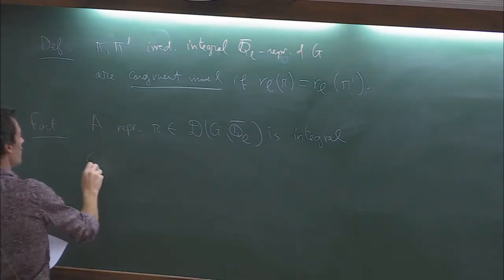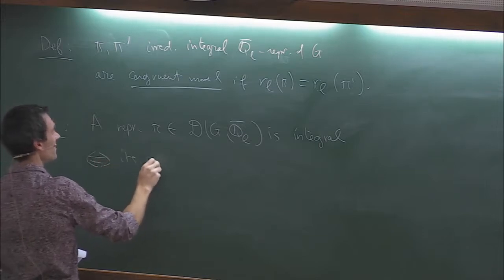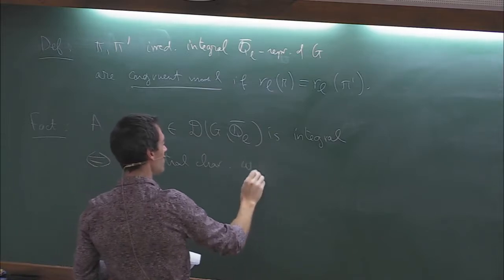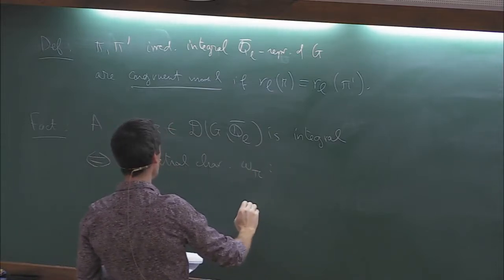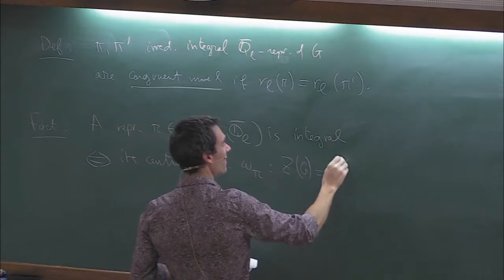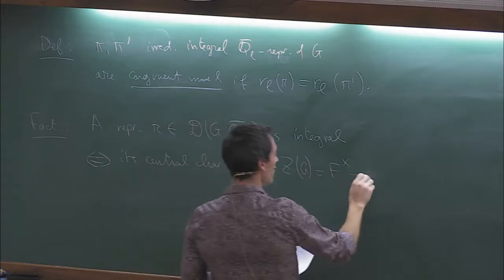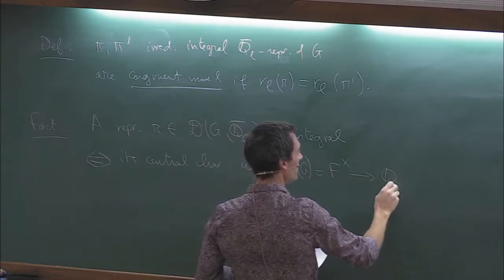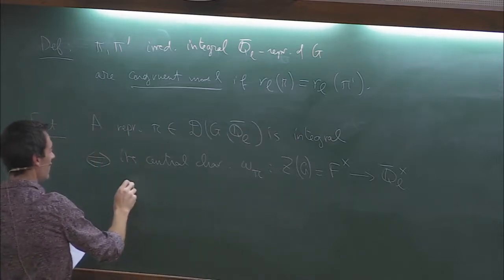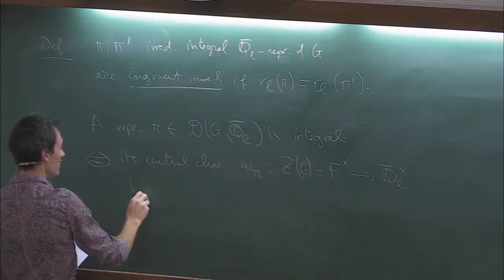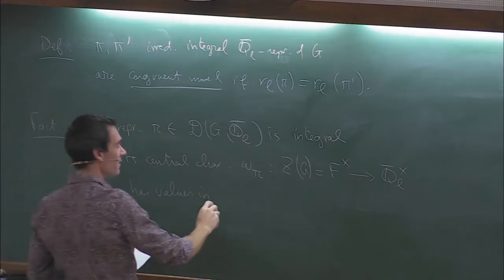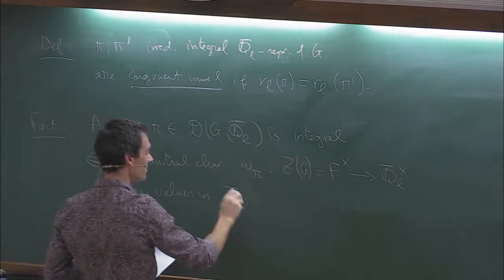Pi is integral if and only if its central character is integral, meaning that the central character omega_pi, which is a character from the center Z(G), so F times, to Q_L bar, has values not in Q_L bar, but in Z_L bar.